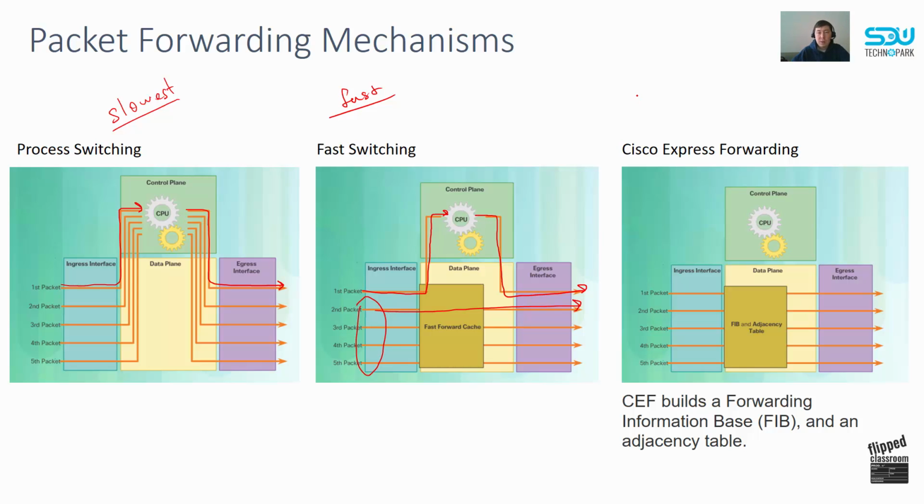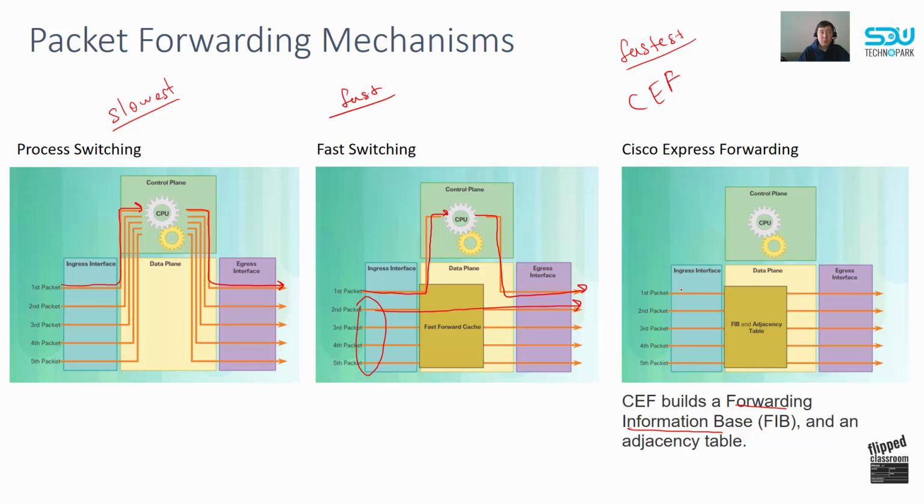And also we have CEF, the Cisco Express Forwarding, and this type is the fastest one. This actually builds the forwarding information base and an adjacency table of the router. In comparison between fast switching and Cisco Express Forwarding, the difference is that Cisco Express Forwarding prepares all the paths, I mean, it prepares all the exit interfaces before packets come.